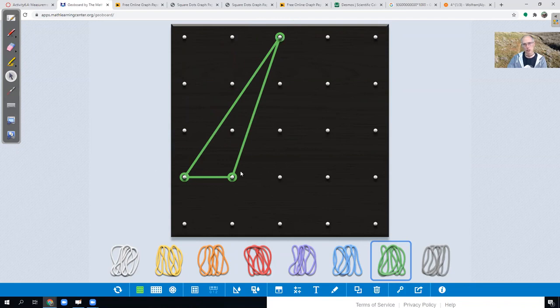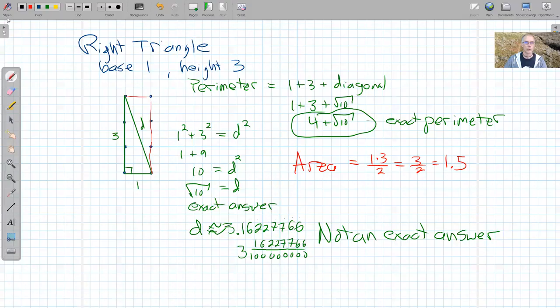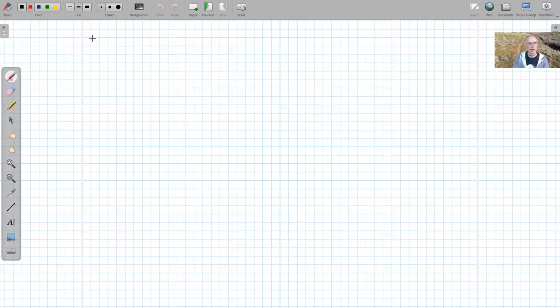It has 1 as the base, and from the base, the point is 1, 2, 3 units up. So this triangle has a base of 1 and a height of 3. So I'm going to redraw that on my paper. I want to find out what's the perimeter and what's the area of that triangle. So now I have this other triangle. It's not a right triangle.